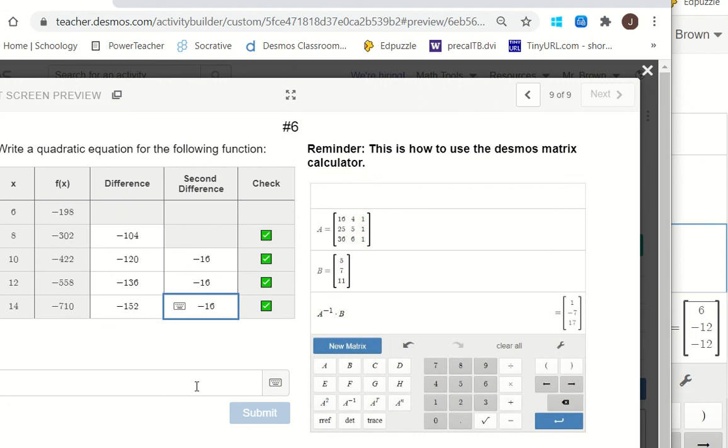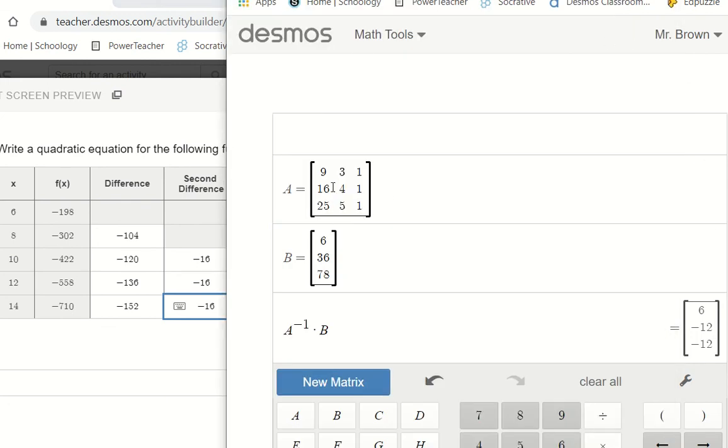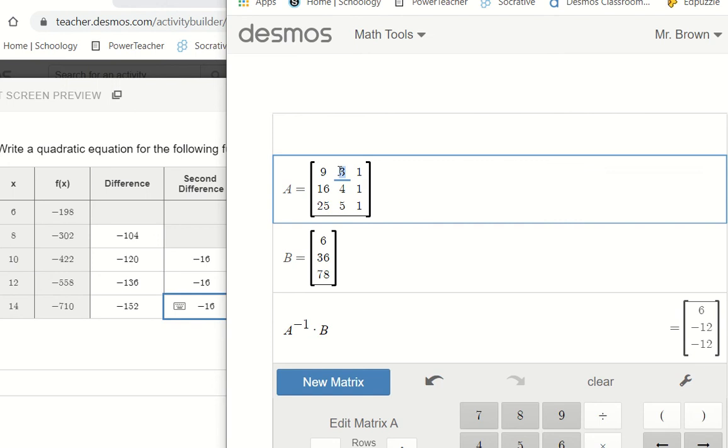All right, and now to just write equations for these. Let's see, we got 6, 8, 10. It's going to be 36, 64, and 100.